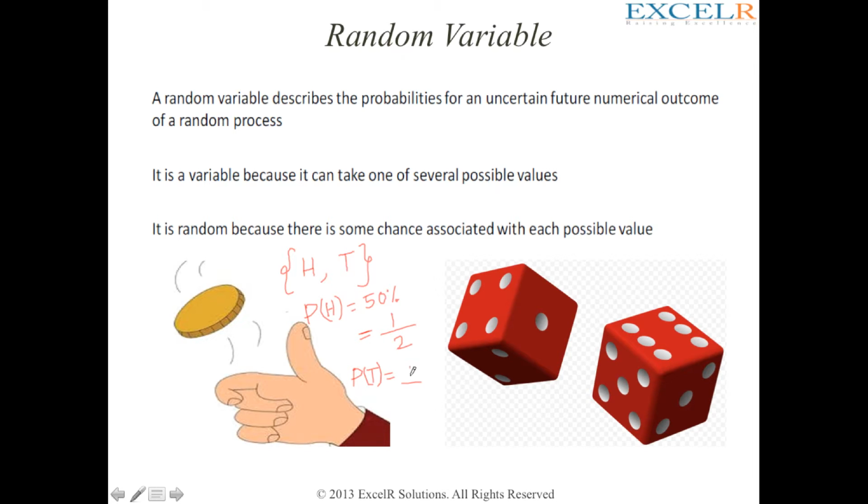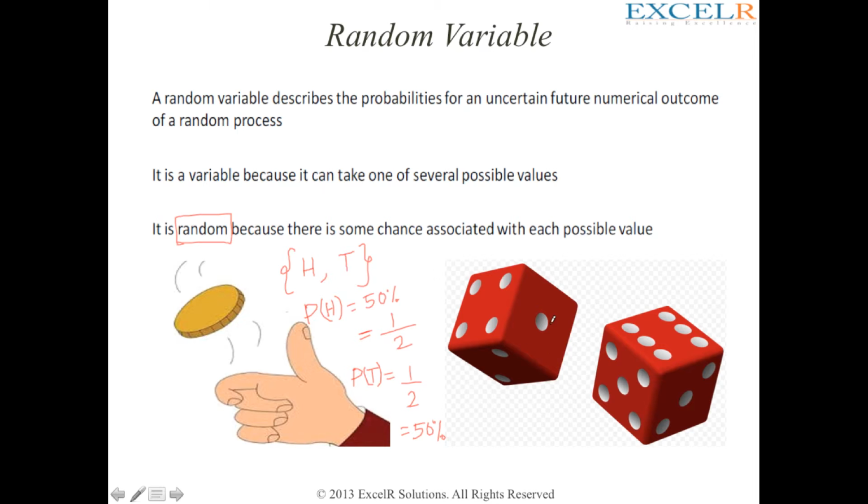Tail is only one event out of two possible events, and that accounts to 50% once again. So any event which has a probability or a chance associated with it would be called random. Random means there should be some chance or probability associated with each possible value.